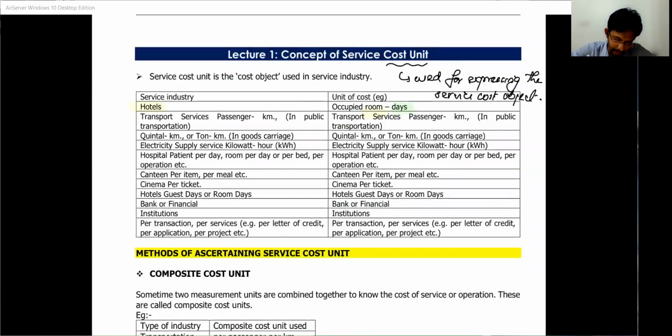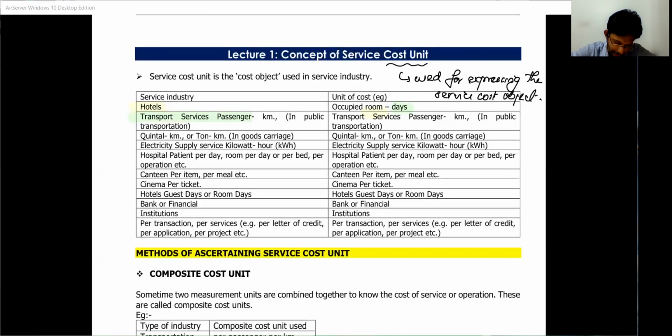Now let's see the examples which are given. So for hotels, it is per room plus per day, so it is per room day. Now when it comes to passenger transport, it will be per passenger kilometer. There is some problem with what is given here.